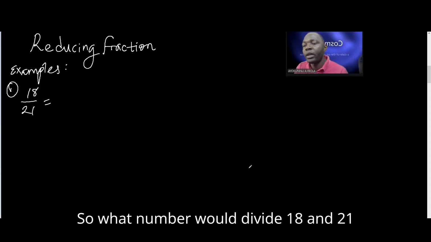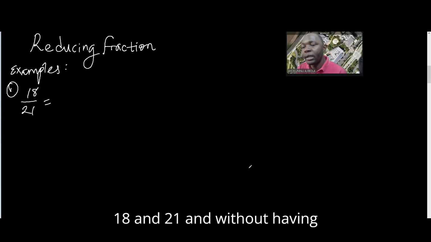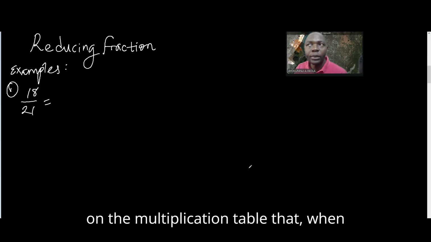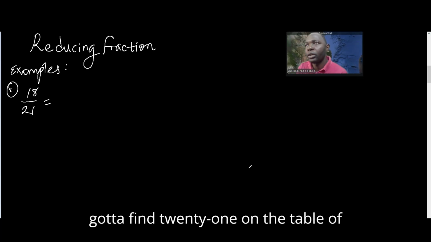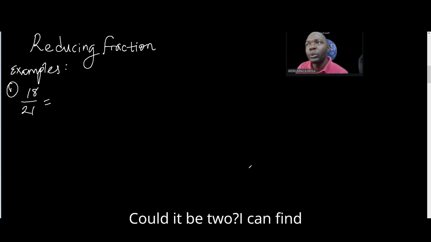So what number would divide 18 and 21 without leaving any remainder? What's the number on the multiplication table that when you check it, you find 18 and you find 21 on the table of that number? What number can that be? Could it be 2?